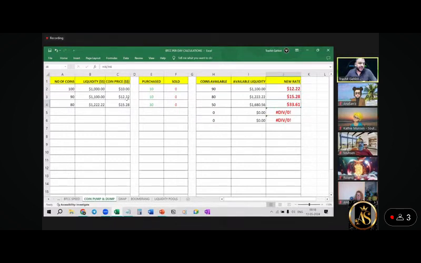Now we are considering only a limited small volume, but when there are thousands of dollars of liquidity and almost 100,000 coins, it gives much bigger numbers.